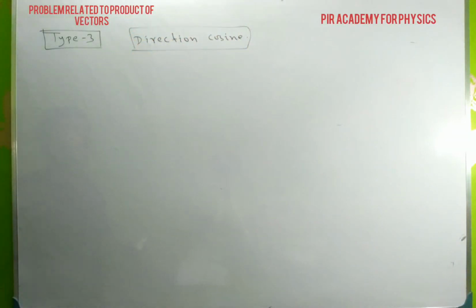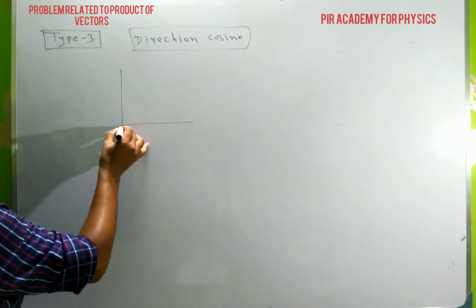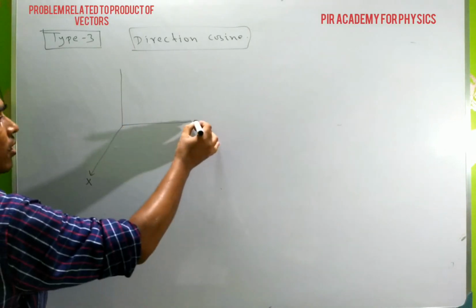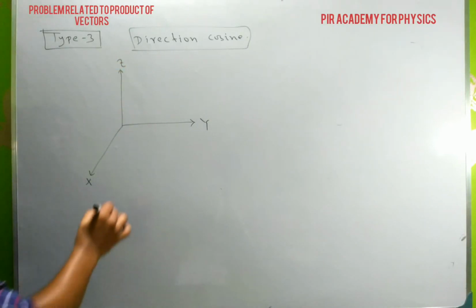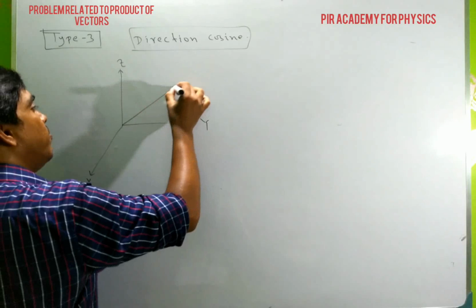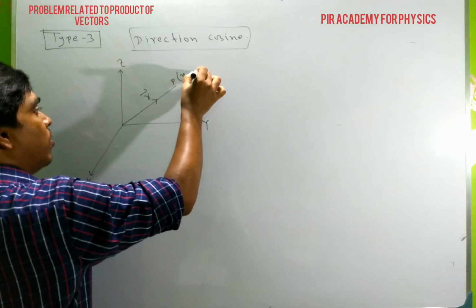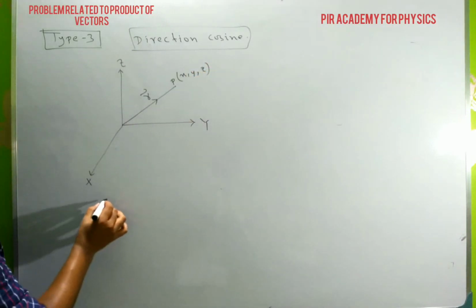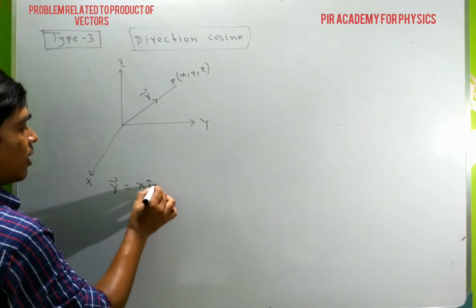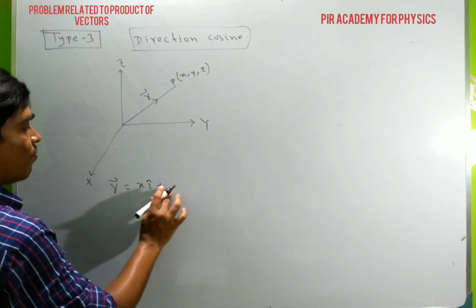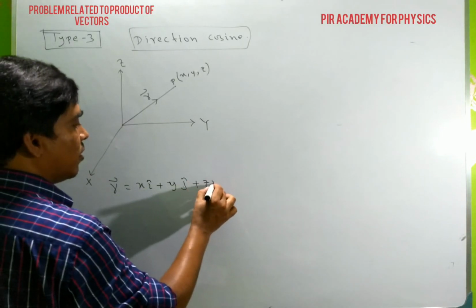What is direction cosine? Here the three-dimensional axis. Here is x-axis, here is y-axis, here is z-axis. A position vector is represented by r, that means point P with x, y and z. That means r position vector can be written as x i cap plus y j cap plus z k cap.